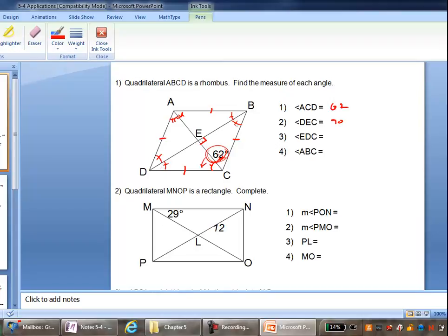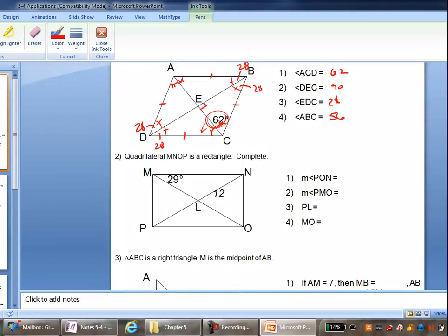So 90 and 62, we can find out what's missing to say this is going to be 28, which means this is 28, 28, and 28. And then ABC, A to B to C, the whole angle is a total of 28 and 28 together, a total of 56. That's how to use the properties of a rhombus to be able to solve for the missing angles, the missing lengths of sides, things like that.